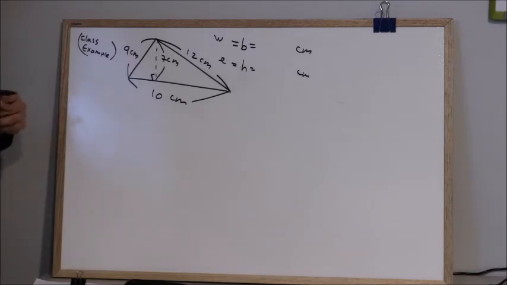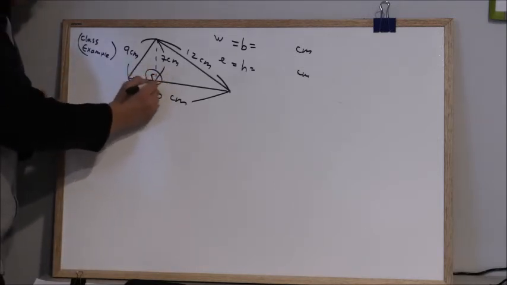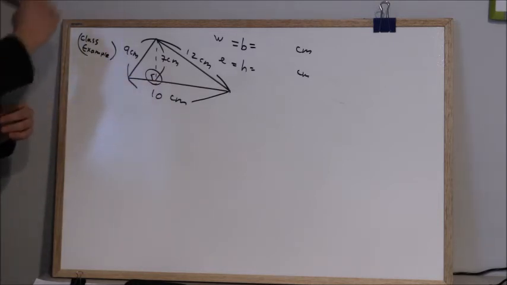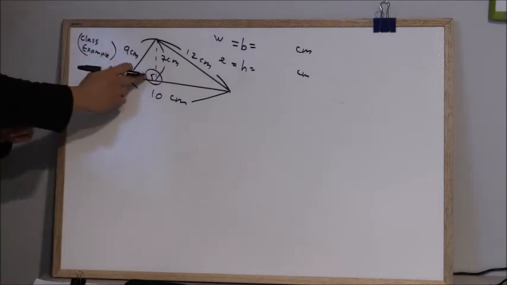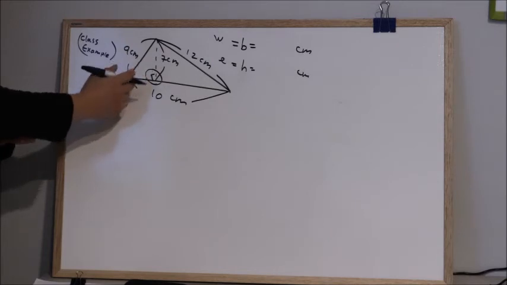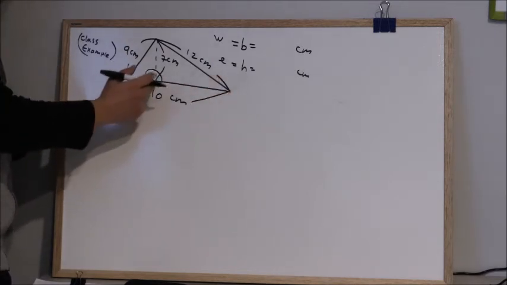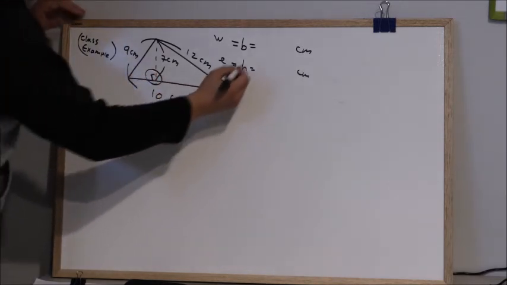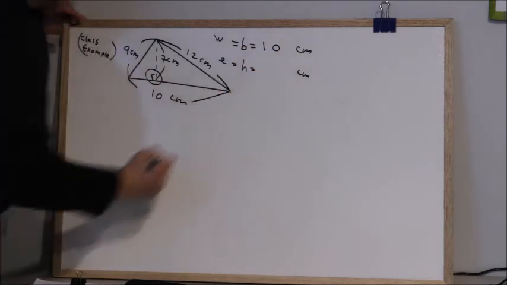In any case, the easiest way that you can find base and height is locating this 90 degree right angle in the triangle, because based on that 90 degree perspective, the horizontal length will be my 10 centimeter. That becomes your base, ladies and gentlemen.